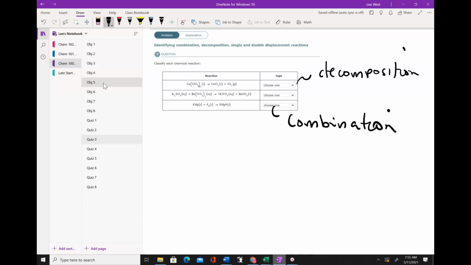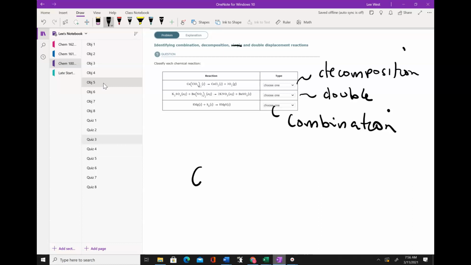Single replacement is an element reacting with a compound to form a new element and a new compound. And we have none of those. And then double replacement is two compounds reacting to form two new compounds. So that's what that guy is there. That's a double.